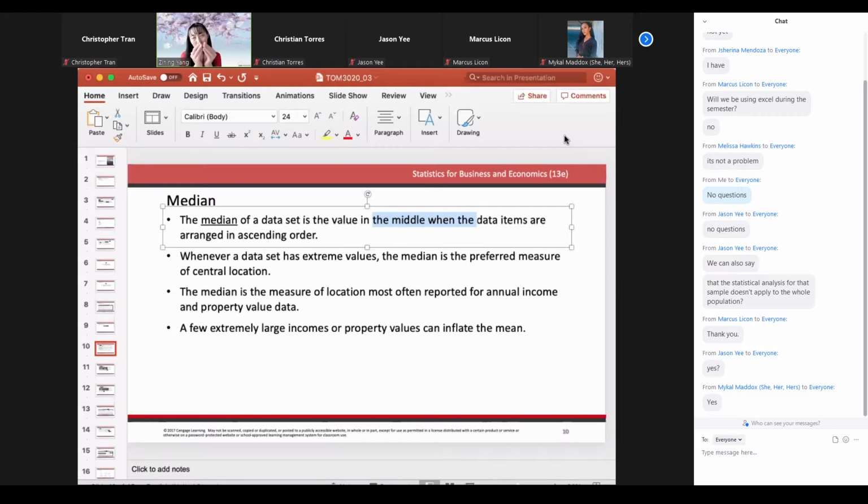So your middle number will be the middle between the second and the third number. So you take an average of the middle numbers. So it's just physically where the number resides. You want to find the physical middle number, and that is your median.